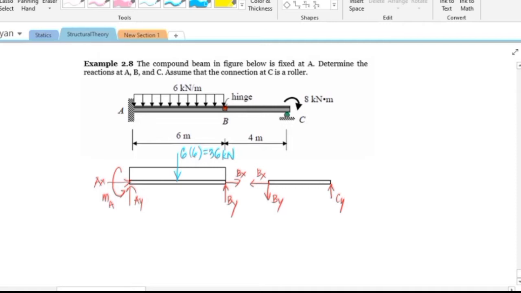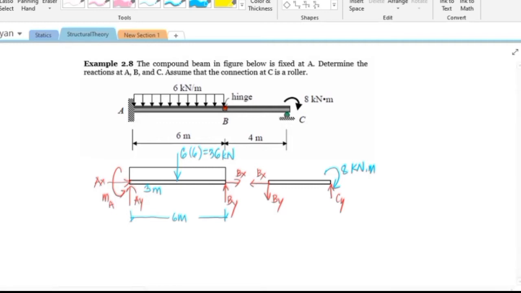And this 36 kilonewton here is acting half of the distance 6 meters, and that is 3 meters. So, makikita natin din sa kabila that we have here a moment of 8 kilonewton meter.